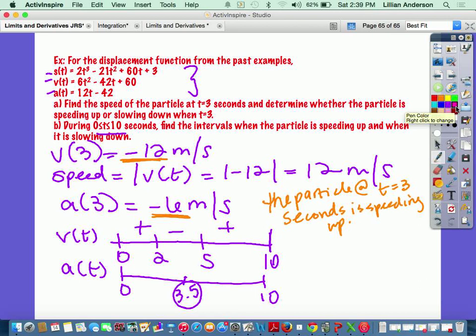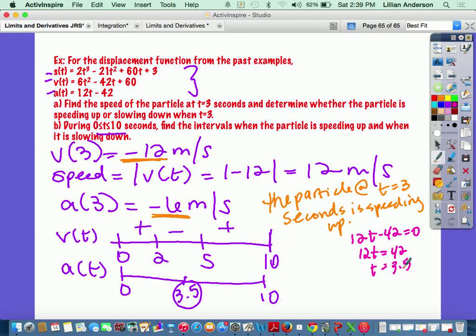Well, this represents the acceleration diagram. You need a point where acceleration changes sign, because otherwise you have velocity increasing and then velocity decreasing. To figure out 3.5, all you do is set your acceleration function equal to 0, and then you find that at 3.5, your velocity is neither increasing nor decreasing.